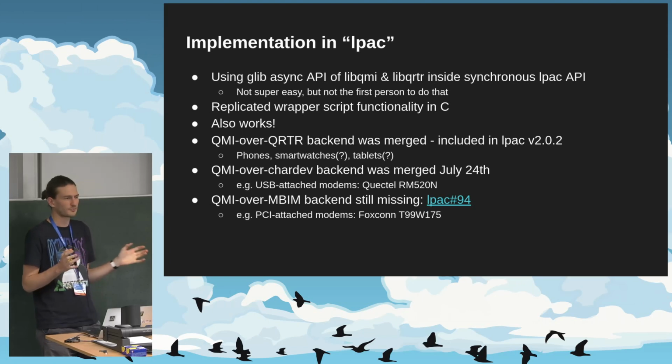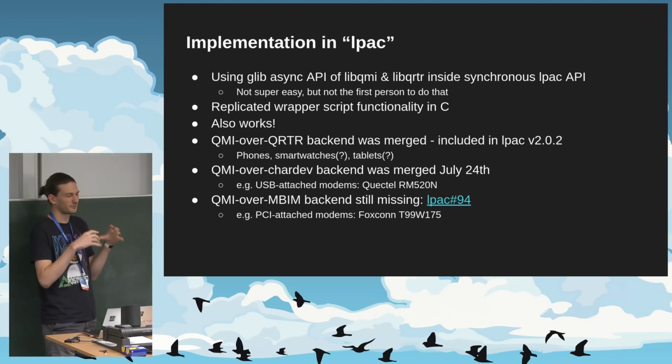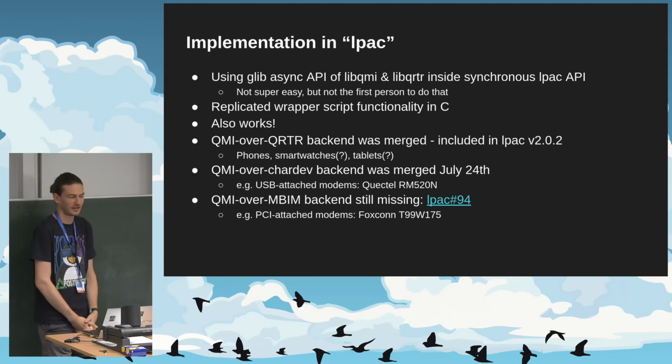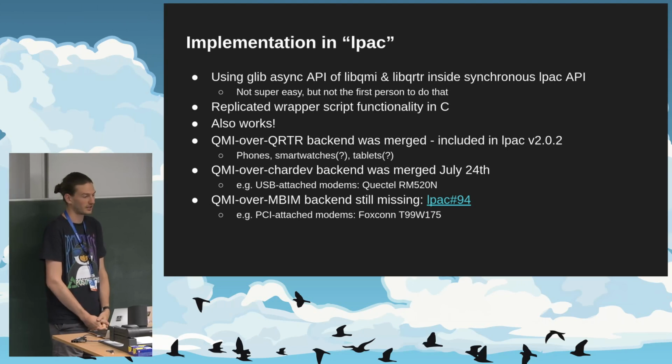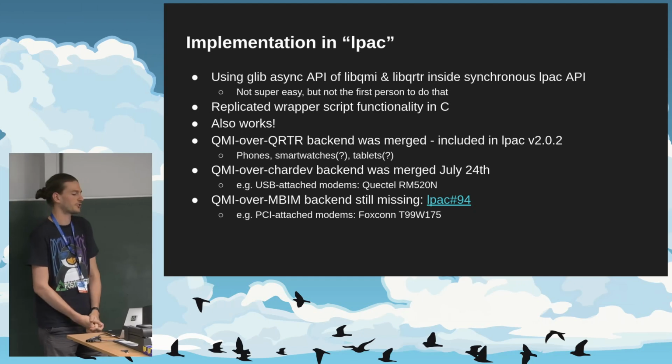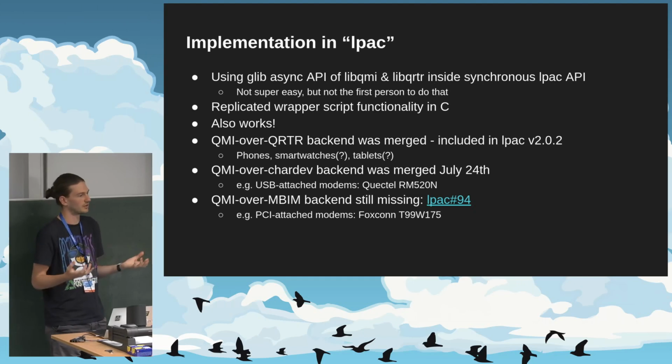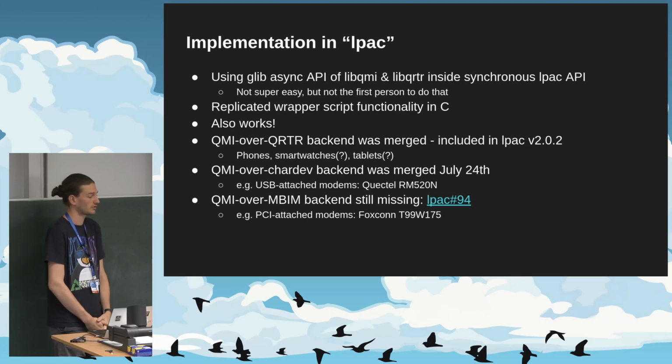But fortunately, I wasn't the first person in the world to try to push this async API into a synchronous context. It took me a while, because there are a few different approaches that you can take, and it didn't really work the first time. But after a while, I could get that to work, and it wasn't hanging anymore. So then essentially, I just implemented the same functionality that I had in the wrapper script: doing the 3 calls over libqmi directly in C code.